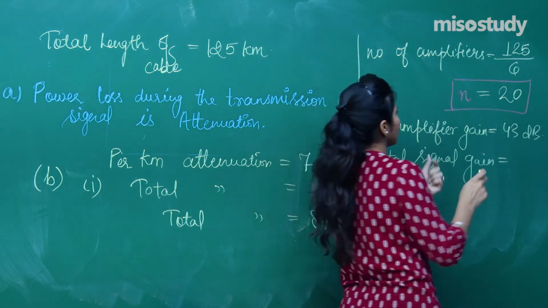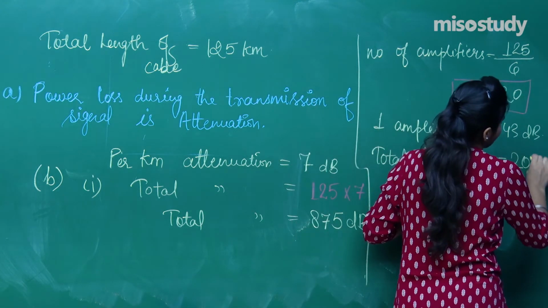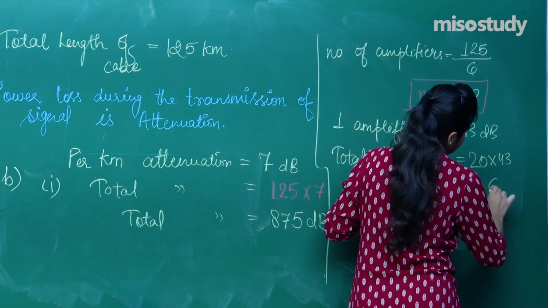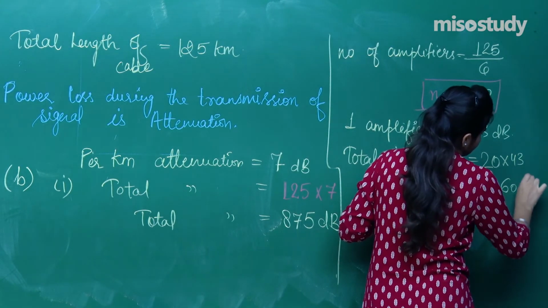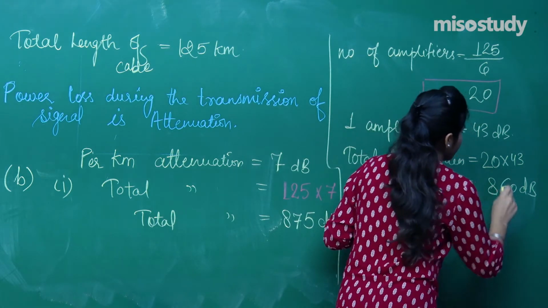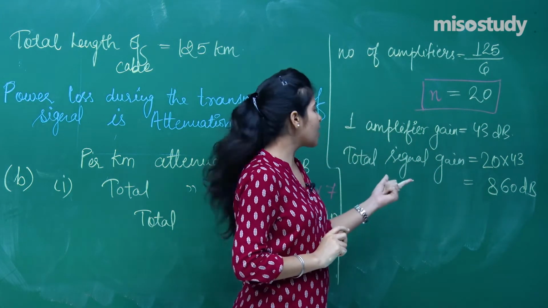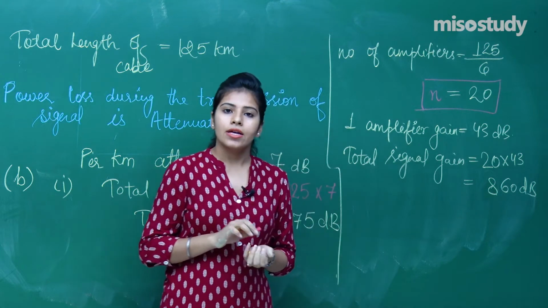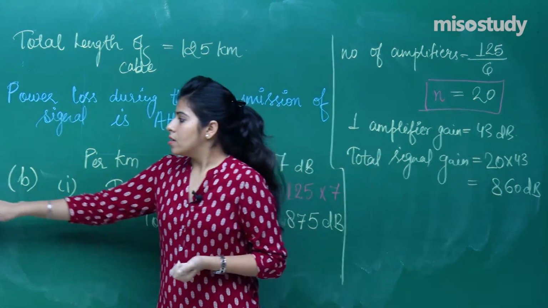So, 20 multiplied by 43 is 860 decibels. This is the total signal gain. The second part is done.